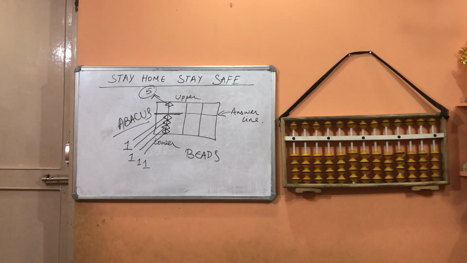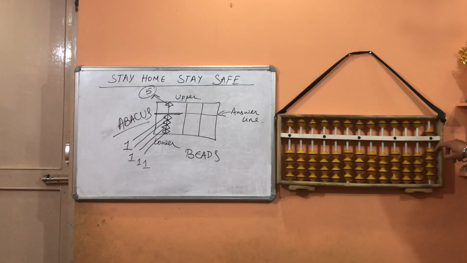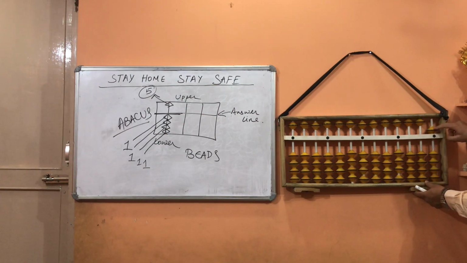So let's start counting once again. 1, 2, 3, 4, and this one is 5. But make sure when you are bringing it down, all the lower beads have to be removed, because this will be 5 now.